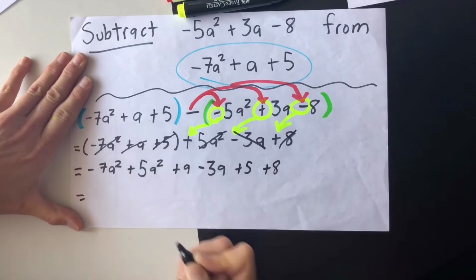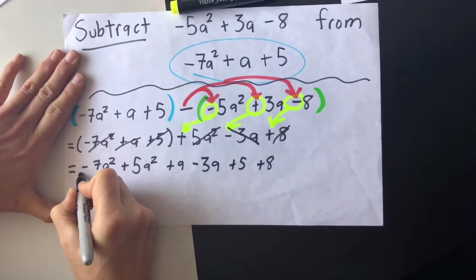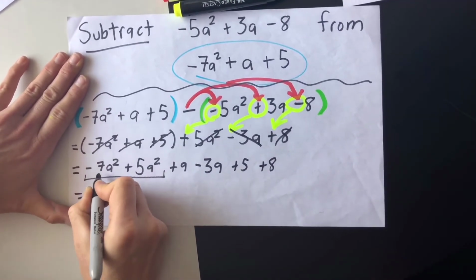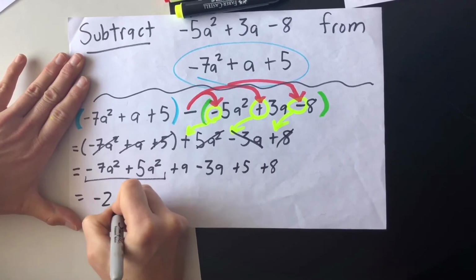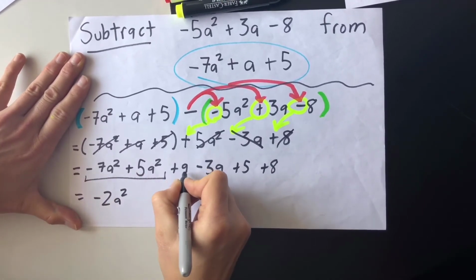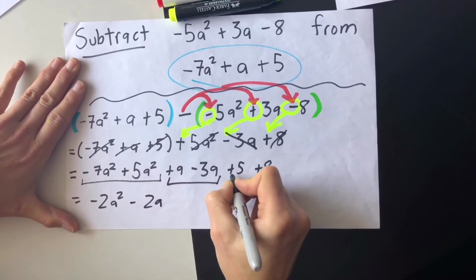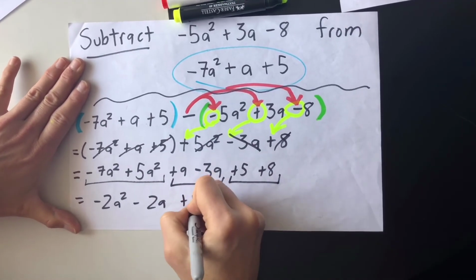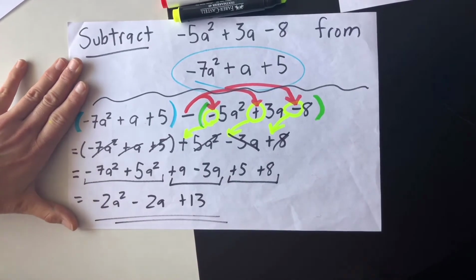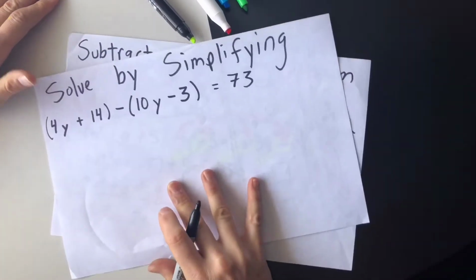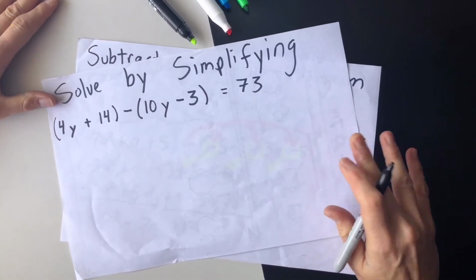We further simplify by combining like terms. We have minus 7 plus 5, minus 2a squared, plus a minus 3a, minus 2a, plus 5 plus 8, plus 13. Final answer.